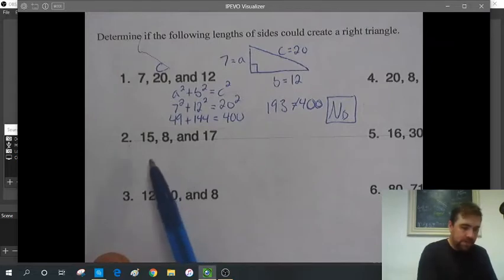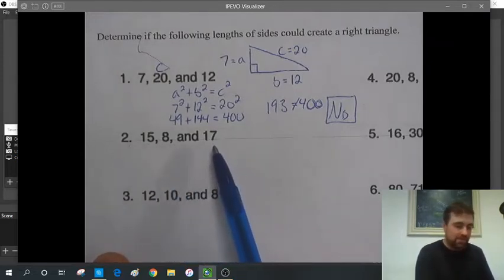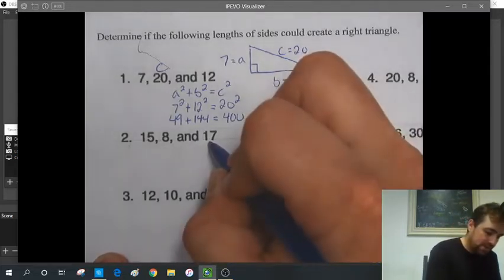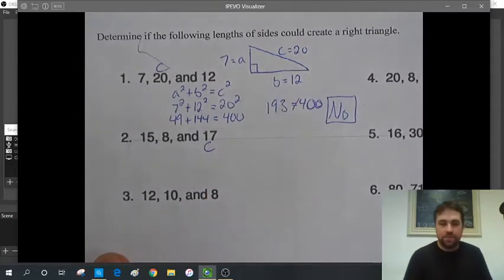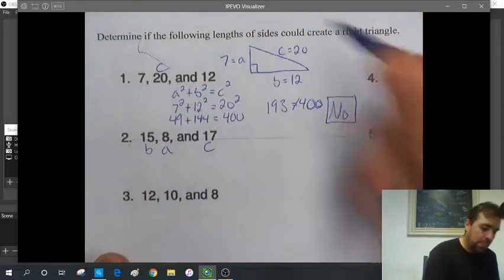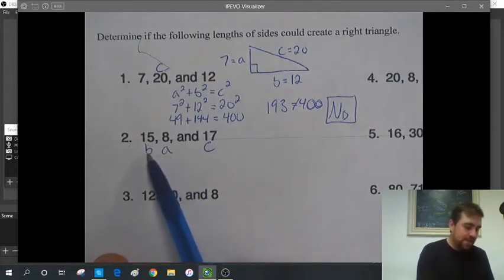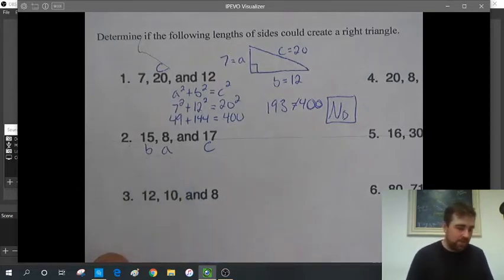So we've got triangle side lengths of 15, 8, and 17. Again, C is the most important. That has to be our longest. So in this case, 17 would have to be C. A and B then, the shortest of the legs, A, and then b being used for the 15 here, the middle length.